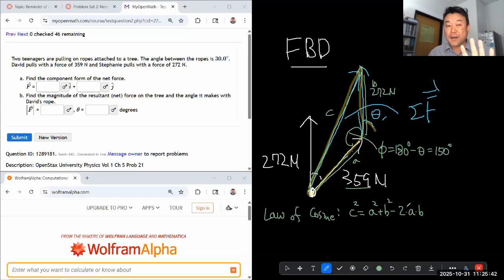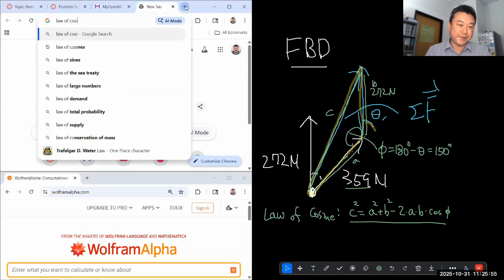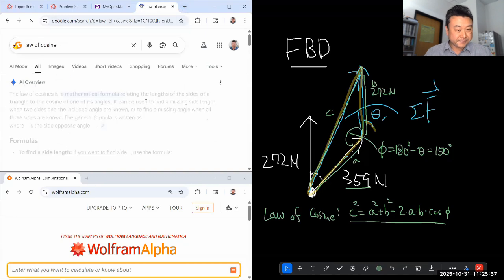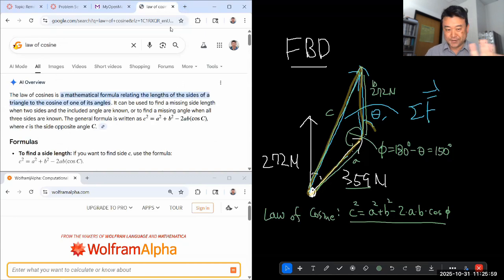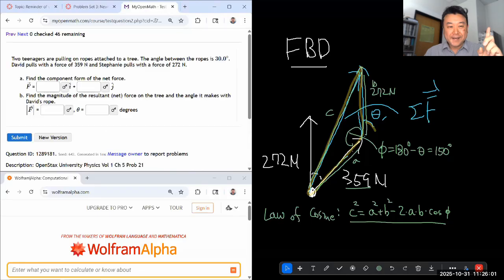Maybe. Let me look up the law of cosines to be sure. Yeah, 2 times. Okay, good. I didn't misremember it. So this actually gives me the magnitude right away.